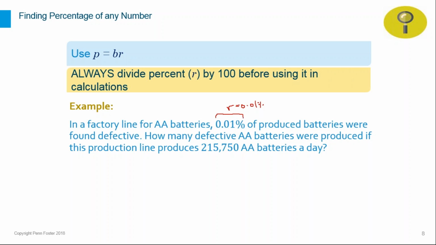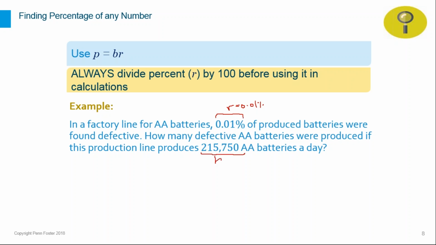So that number here is the total number of batteries that this line produces a day. So that tells me that this is the base. This is the B in the formula. So B equals this amount.